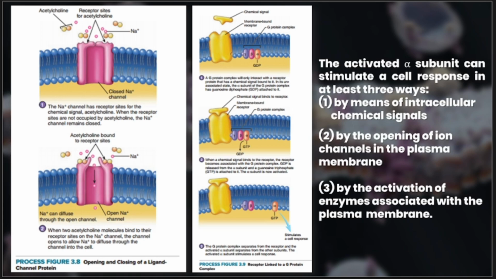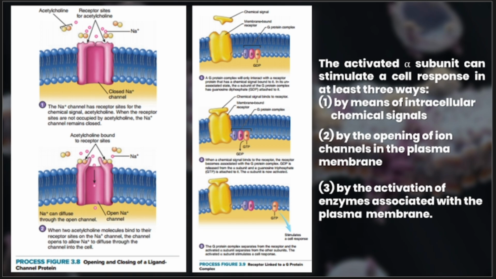In figure 3.9, we have here a receptor linked to a G protein complex. So when a signaling molecule such as your ligand binds to a receptor that is linked to a G protein complex on the cell membrane, it will activate the receptor.